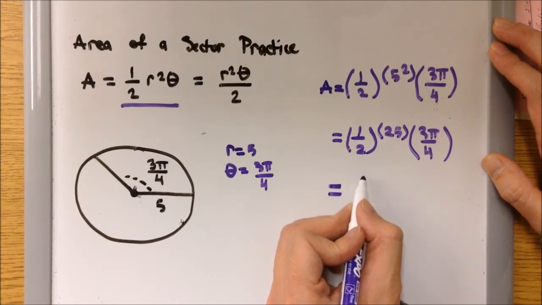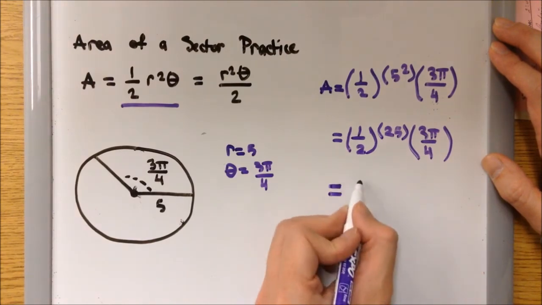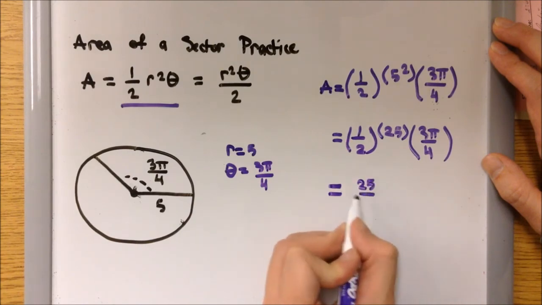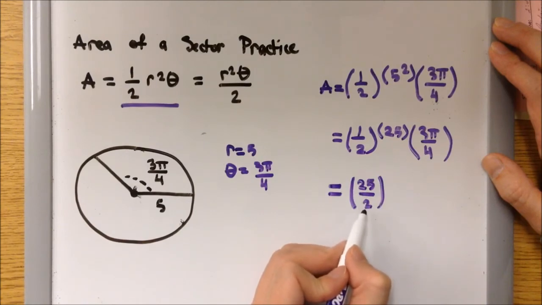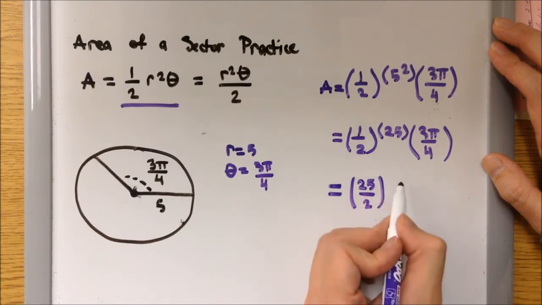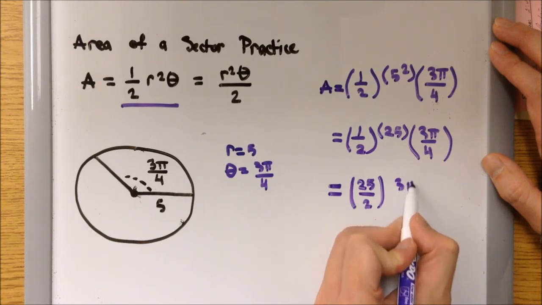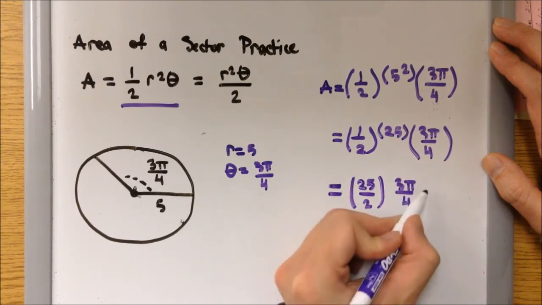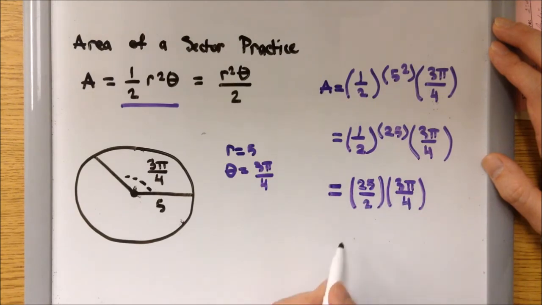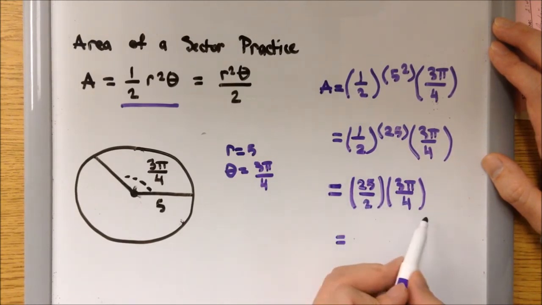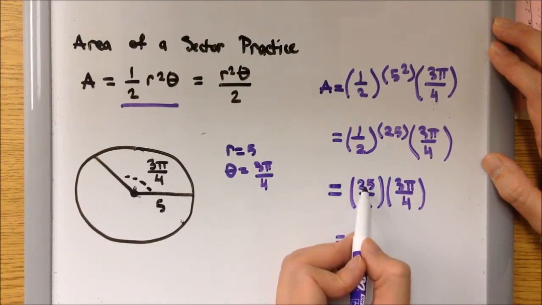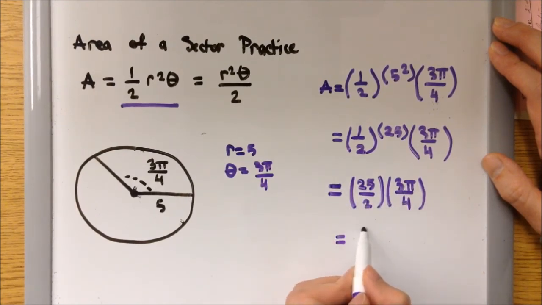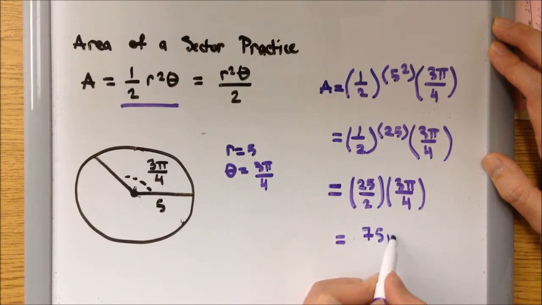Again, 25 is a whole number times a fraction, so it's going to be 25 over 2. I can't simplify that without becoming a decimal, so I'm just going to leave it like that. And then bring down the 3 pi over 4. It's still multiplying, so I'm going to continue multiplying. Since it's a fraction times a fraction, numerator times numerator, denominator times denominator. So 25 times 3 pi is 75 pi over 2 times 4, which is 8.